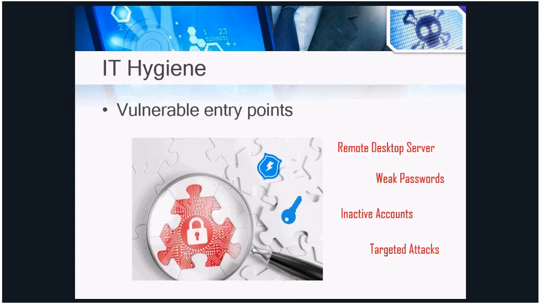What's happening these days is that cyber criminals are creating swarms of infected computers. They call them a botnet. They're targeting these remote desktop servers via something called a brute force attack. In really simple terms, they're using a whole range or combination of usernames and passwords, making many attempts at trying to log in.